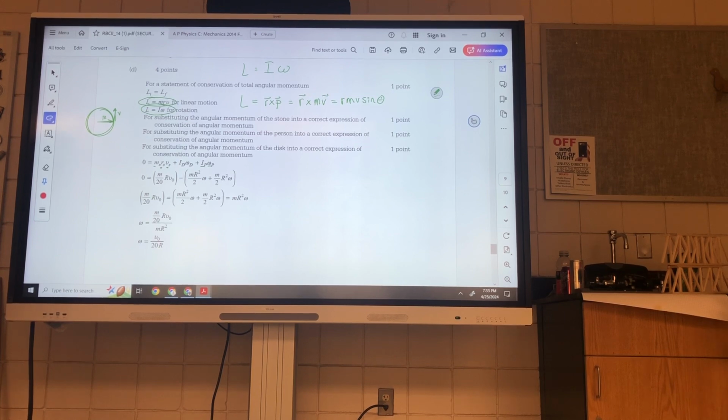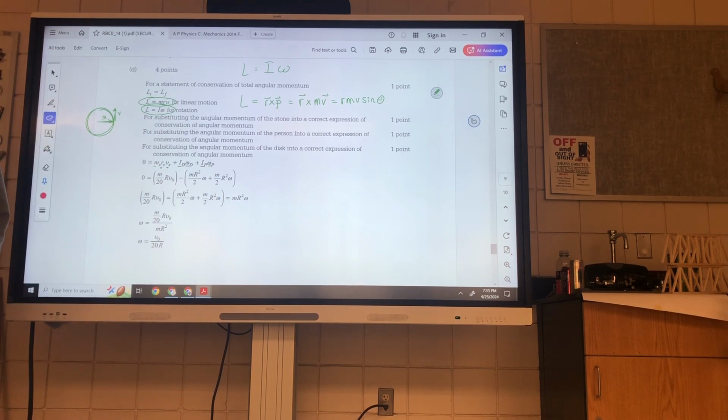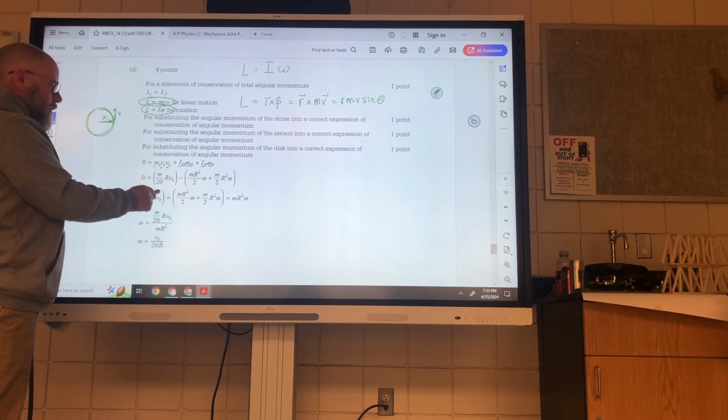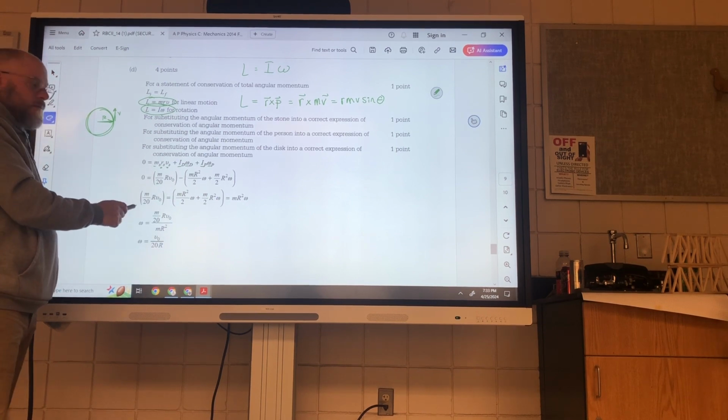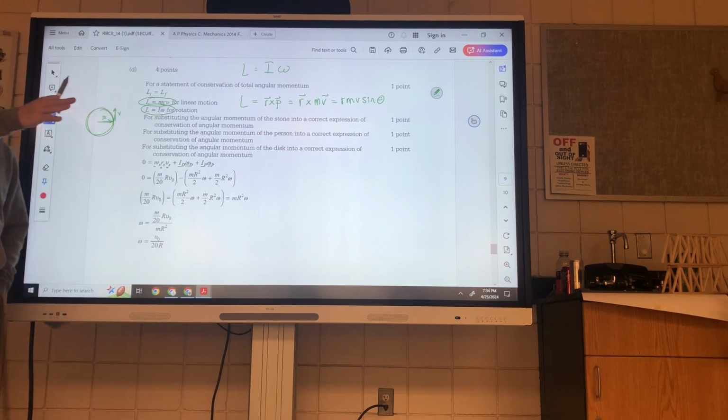And for the disk, it's I omega for the disk. So when we move this one down here, what's the mass of the stone? It's M over 20 times R v0, because that's the speed at which you throw it.